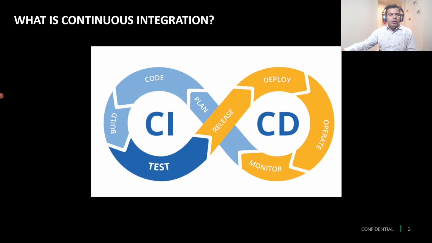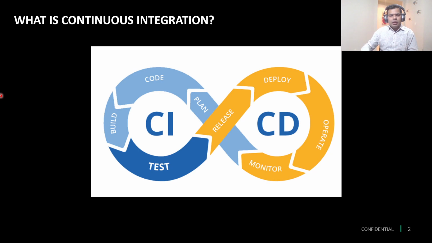But if we automate this process, whenever we are trying to merge the code, trying to share the code, we will do the build, we will test, and we'll make sure that the code is working fine. If these steps are automated, we can say that yes, we have continuous integration in place.